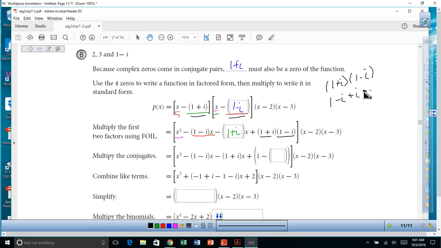And i times i would be i squared. So these two here are going to cancel each other out. And you got 1 minus i squared. That's i squared is negative 1 by definition. So you got 1 plus 1, which is 2. So we're going to put in here 1 minus negative 1.